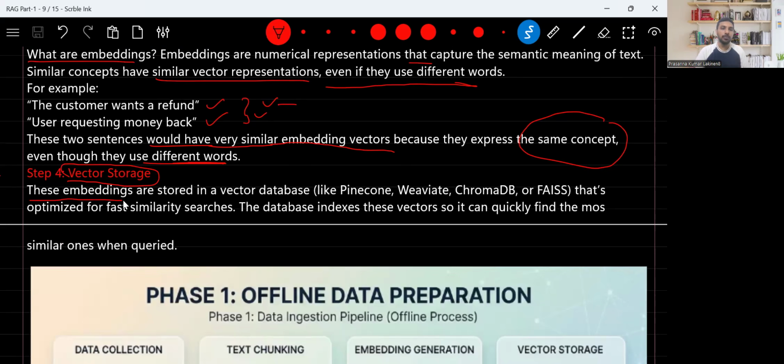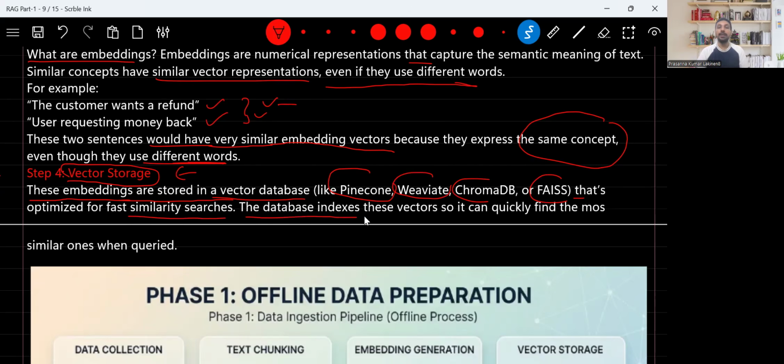All the embeddings we have done so far are stored in a vector database called vector DB. The popular vector DBs are Pinecone, Weaviate, ChromaDB, and FAISS. These are famous vector databases optimized for fast similarity searches.